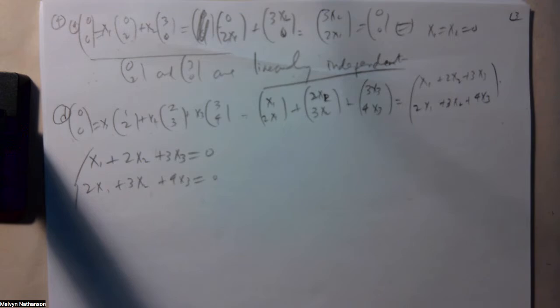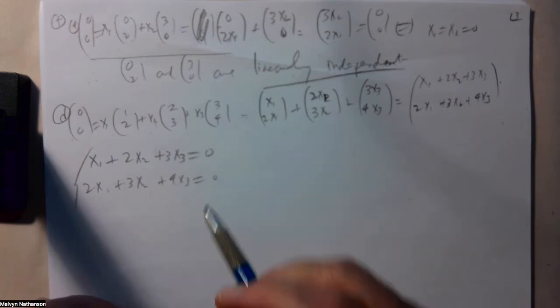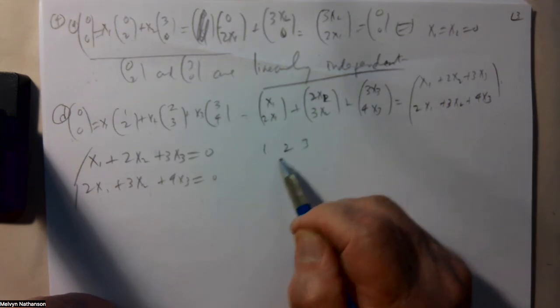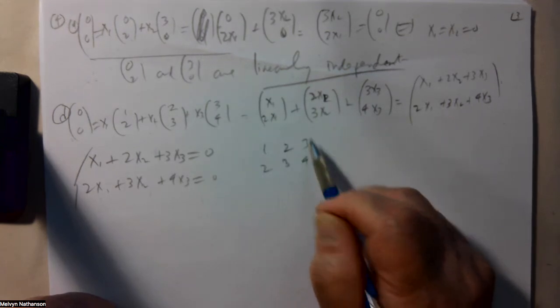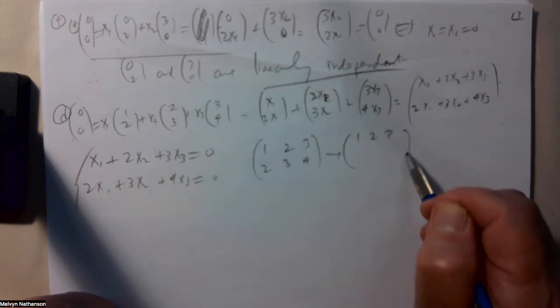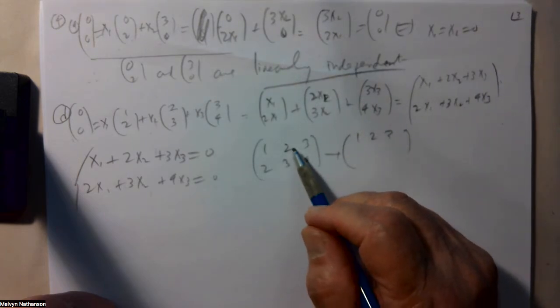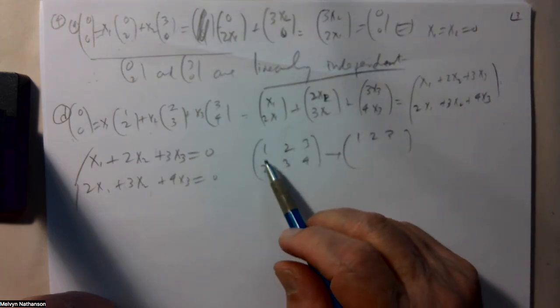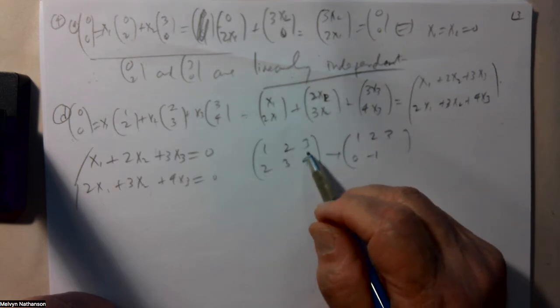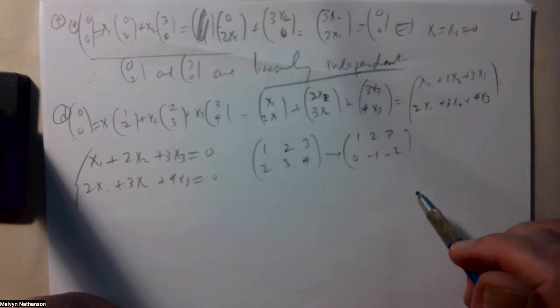And again, how you do it is up to you. I write the matrix of coefficients, and I put this in reduced row echelon form. If I take the second row minus 2 times the first row, I get 2 minus 2, 3 minus 4, 4 minus 6.